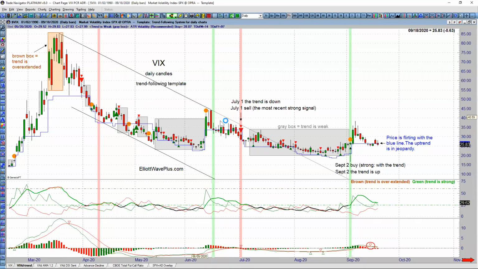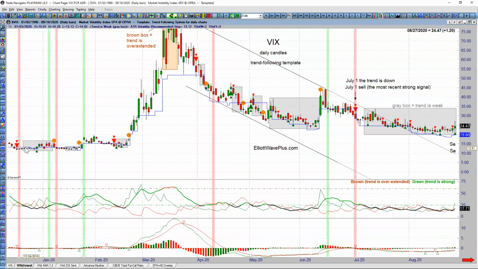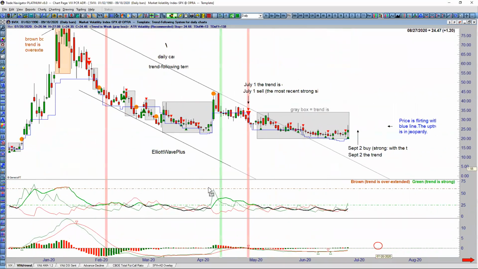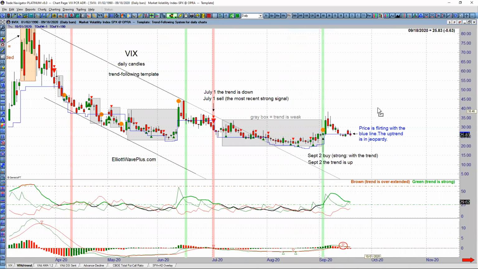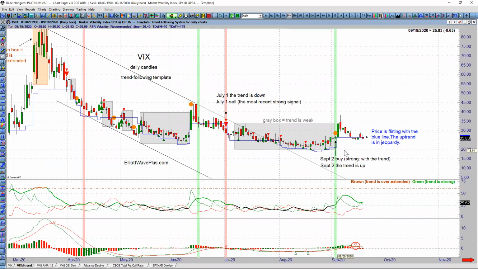So the VIX was headed down, and then it broke out of the channel. It put in a base, but a much higher base than it typically does. Usually the base is back down around 10 to 15, and this base that it put in back here was around 20. So the VIX is riding higher than usual, especially going into an all-time high. There's that September 2.